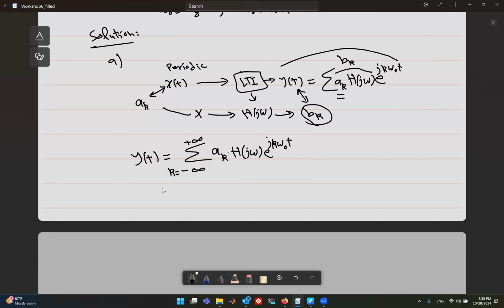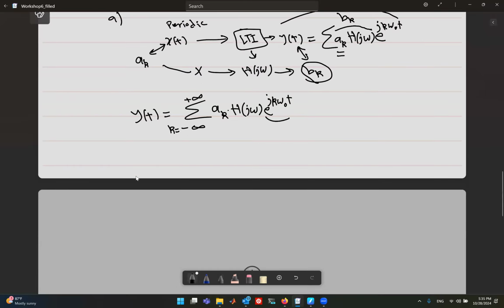Those are the harmonics, because we are representing yt as a Fourier series, which is a summation of scaled harmonics. The scaling, because the system is LTI, is just a multiplication between the coefficient of the input and the frequency response of the system.